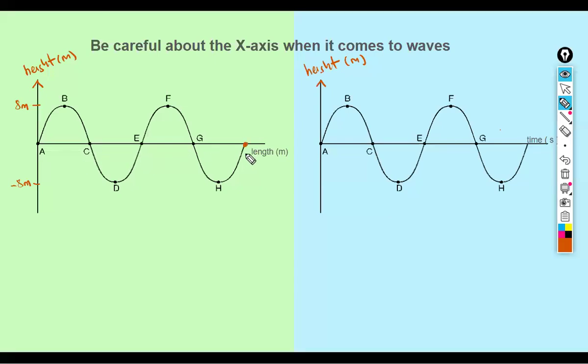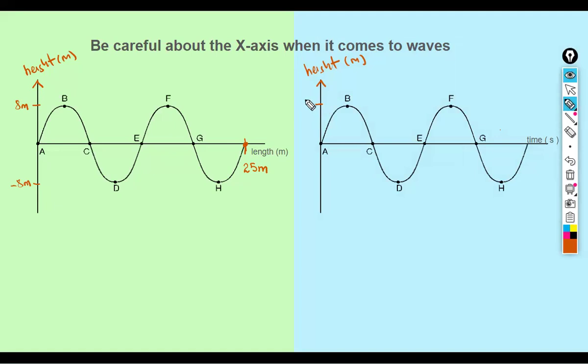Let's say this value here is 25 meters. And the next graph here, almost the same thing. We're going to put 8 meters here, and minus 8 meters. And let's put the time here. I'm going to put it in seconds as, let's call it 50 seconds.